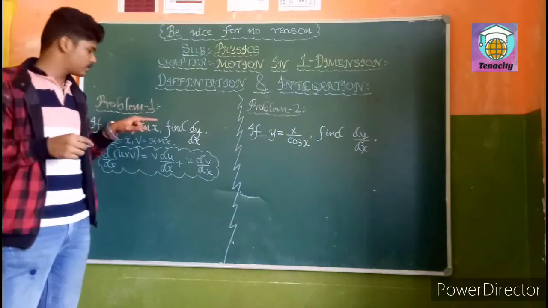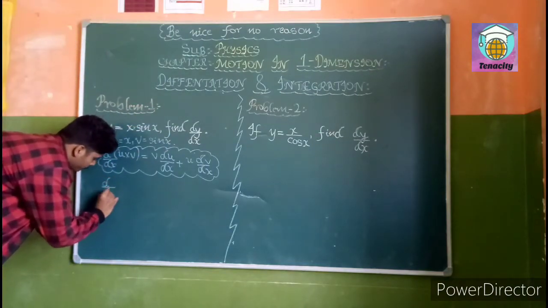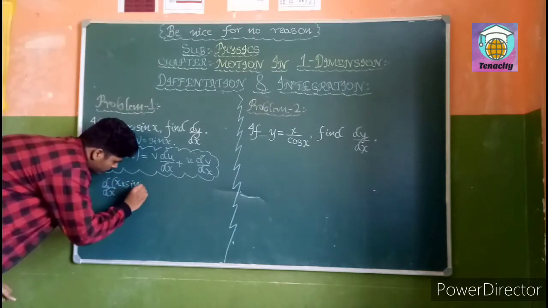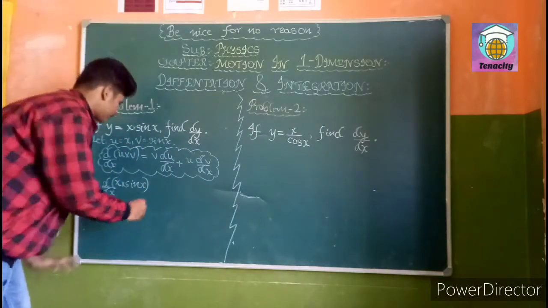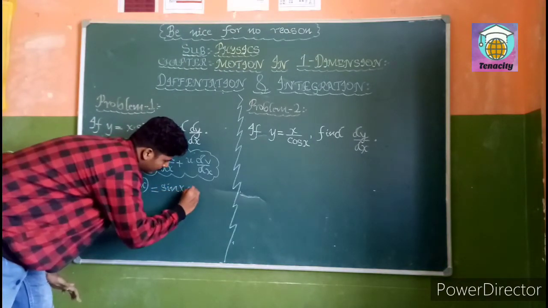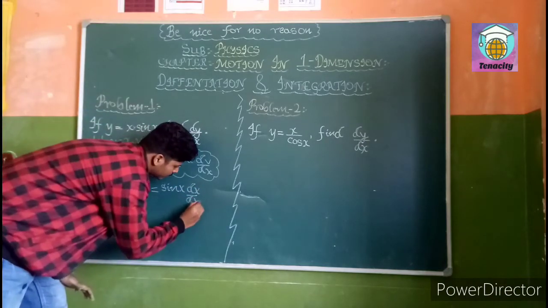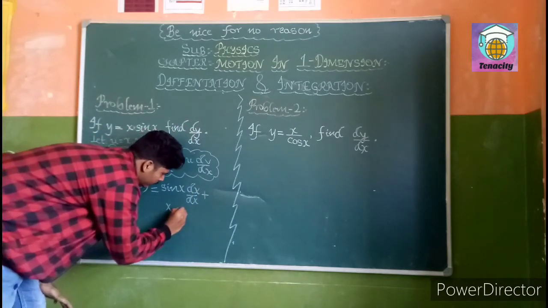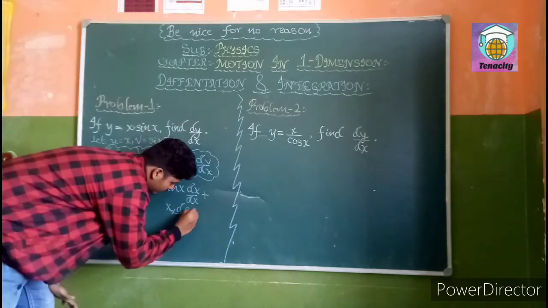If y is equal to x into sin x, find dy by dx. So d by dx of x into sin x is equal to, taking v out, that is sin x out, sin x into dx by dx plus, taking x out, x into d by dx of sin x.